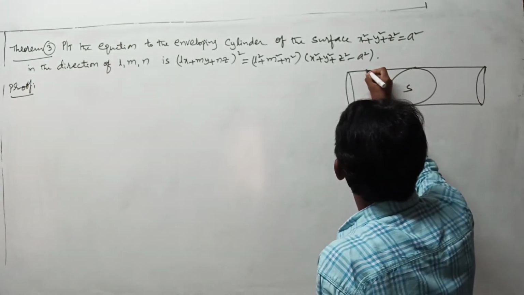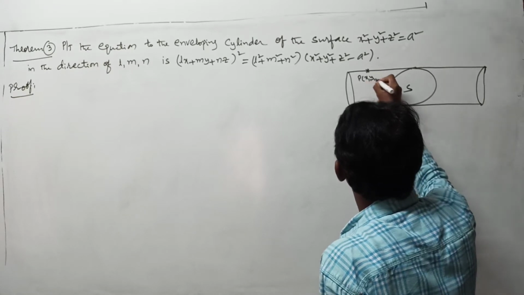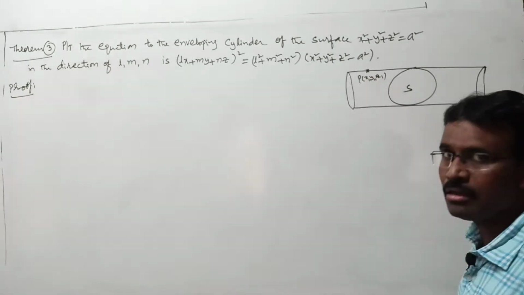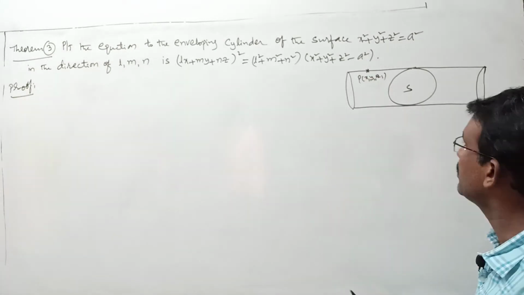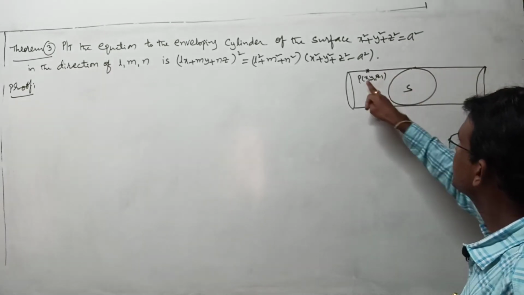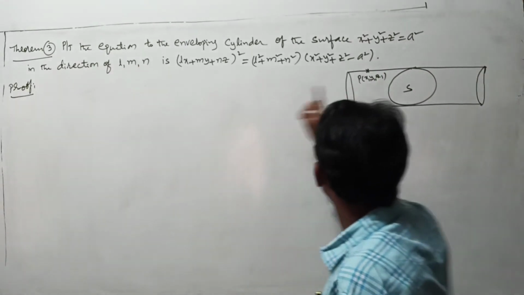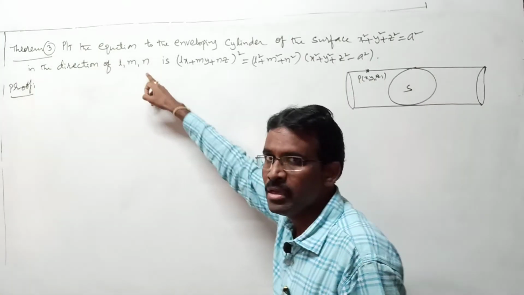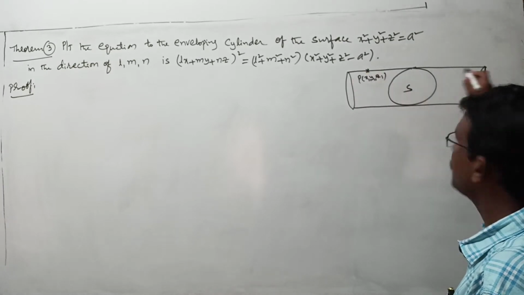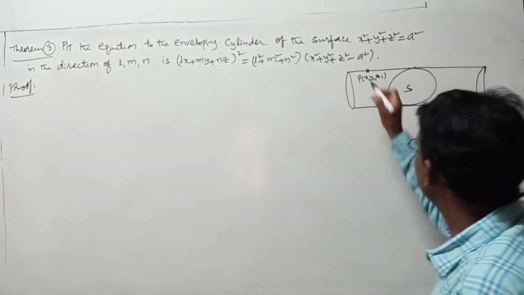P is a point, something like x1 comma y1 comma z1, a point on the generator, or on the cylinder, whatever it may be. Now let us define this line equation: x minus x1 by L is equal to y minus y1 by M is equal to z minus z1 by N. After getting the line, a general point is defined on that line, anywhere on this line.